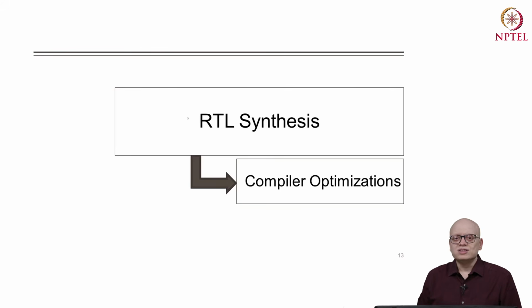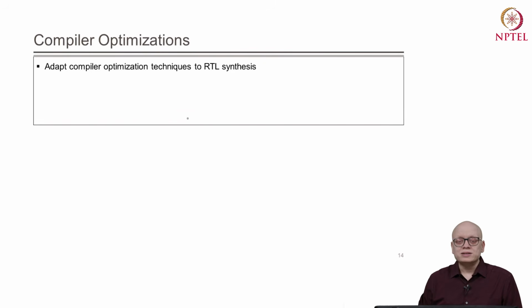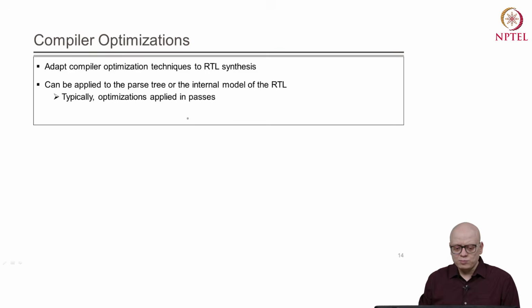An RTL synthesis tool can also apply compiler optimization techniques on the RTL code. These compiler optimization techniques have been adapted by RTL synthesis tools to work on RTL constructs, and these types of optimizations can be applied, say, on the parse tree or the internal model of the RTL.